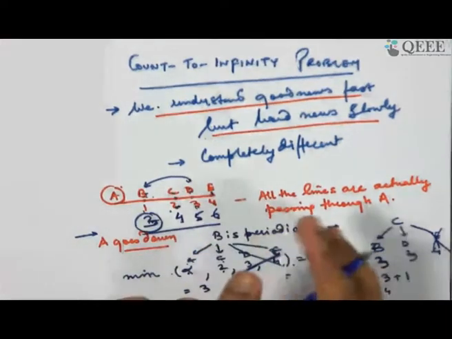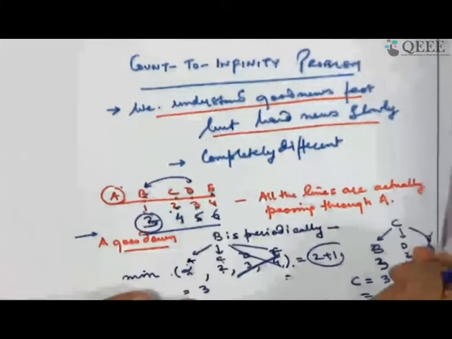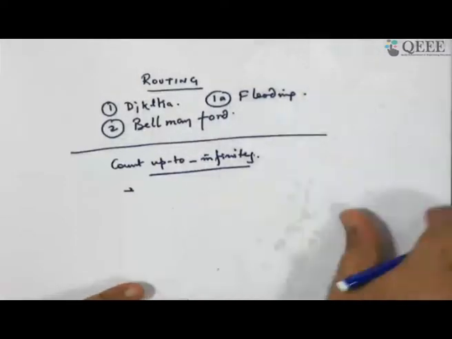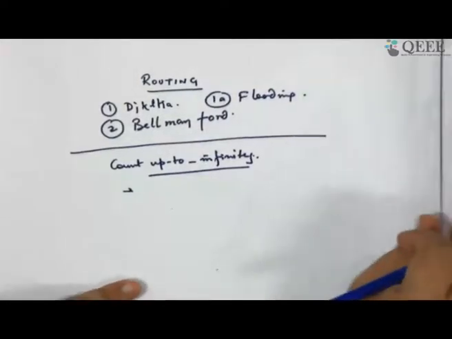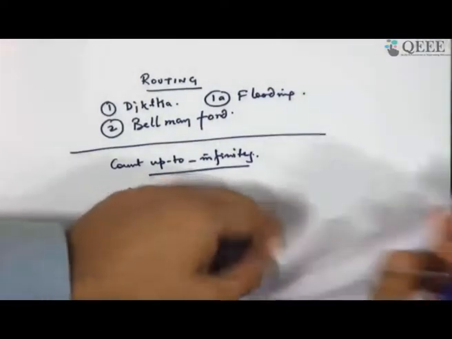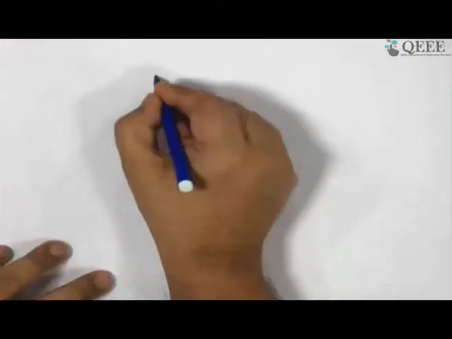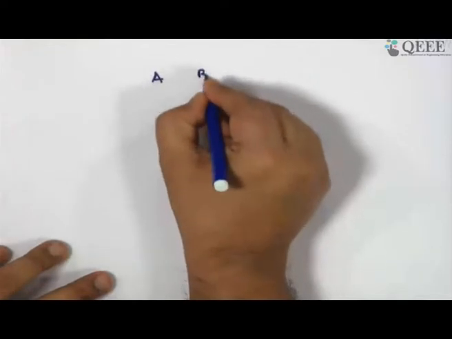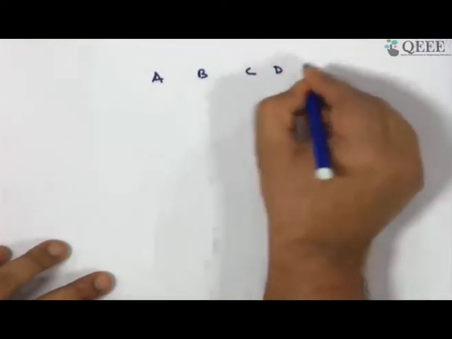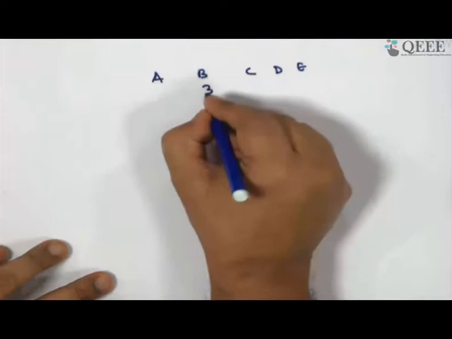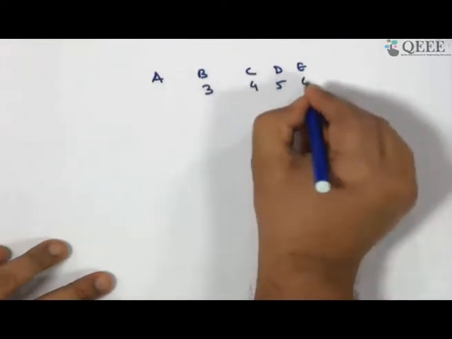But what is the real distance? The real distance is actually infinity. B, C, D, E are 3, 4, 5, 6.